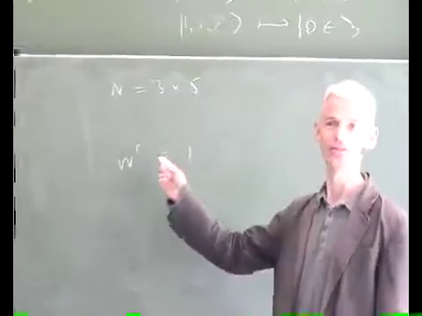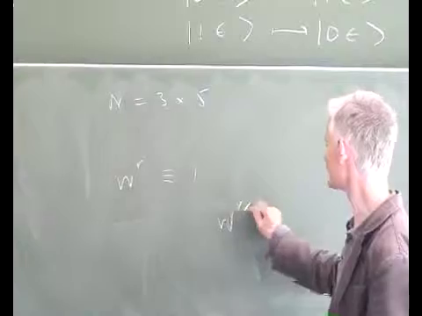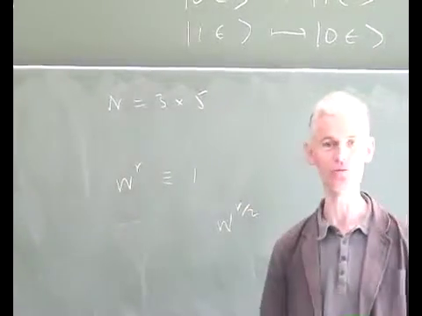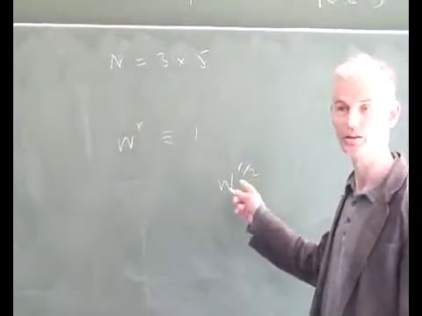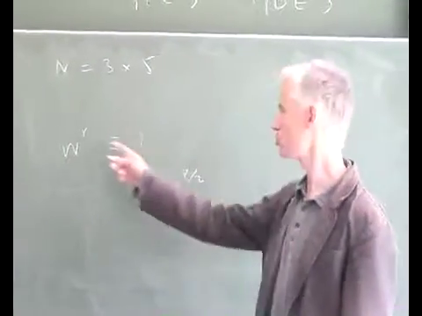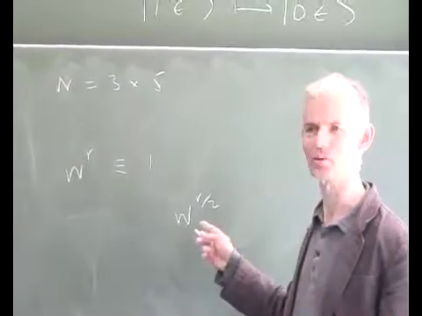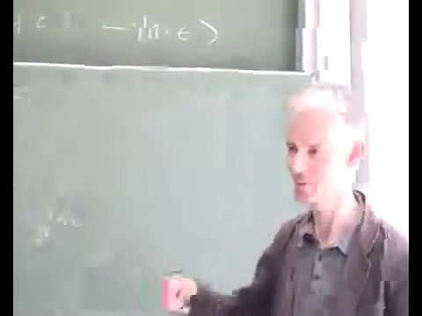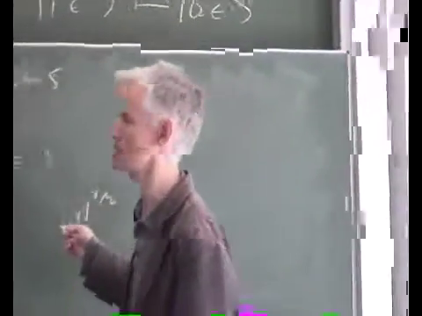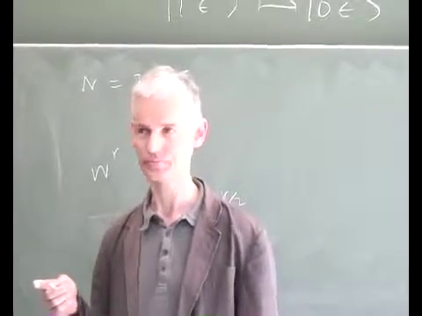If you're lucky, r is even. And if r is even, then we take w to the r over 2. That's going to be a square root of 1. Because we chose r to be the order, this won't be 1. It might be minus 1. But if you're lucky, it's not minus 1. And a little argument shows that the chances of being lucky will be at least 50% or something like that.